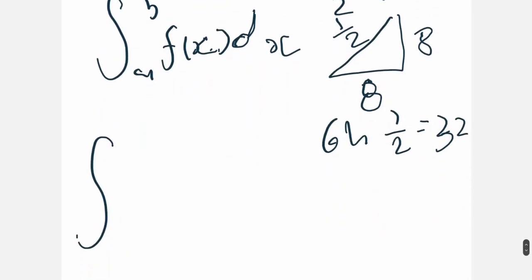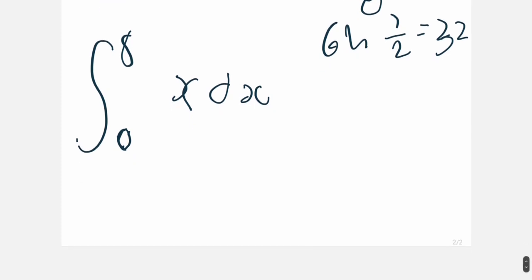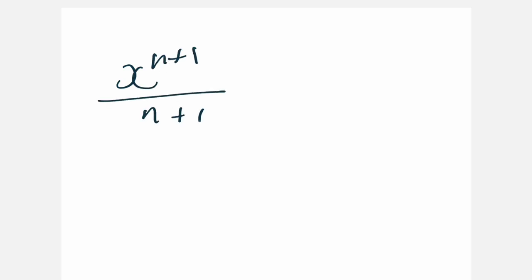So f of x equals x. So 8 to 0, and then x dx. Perfect. So now we find the antiderivative again. So the antiderivative of x is x to the n plus 1 over n plus 1.